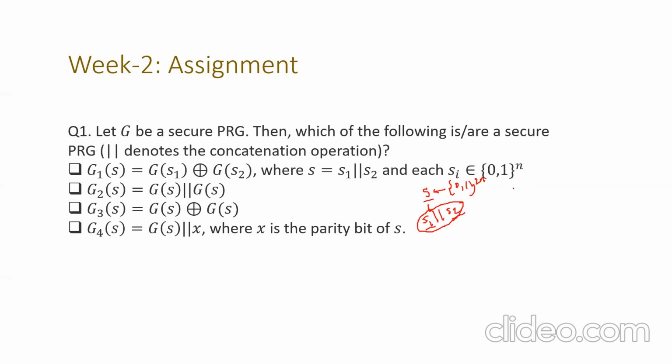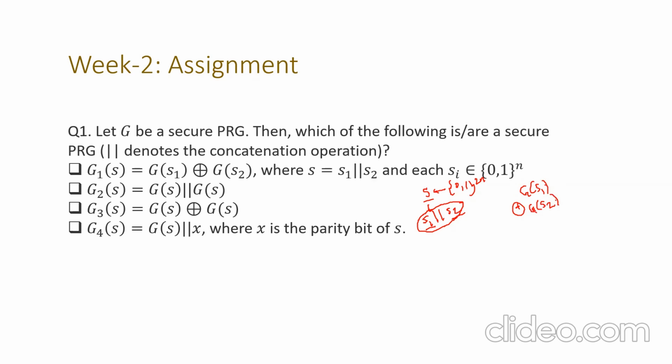Now, because G is a secure pseudorandom generator, for a fixed seed S1, the string G(S1) is a pseudorandom string, right? And it is getting XORed with another pseudorandom string, running the same PRG G with a different seed S2. And there is no correlation between S1 and S2.